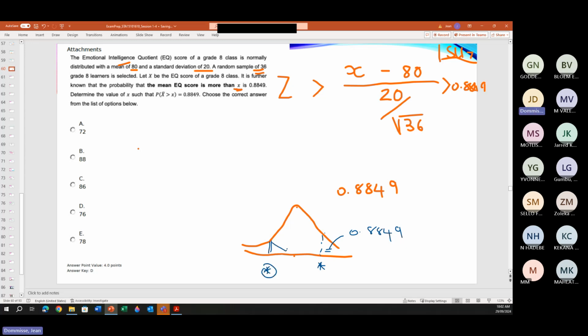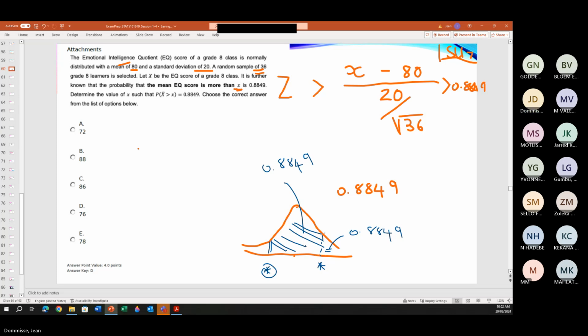where this area then will be equal to 0,8849. Okay, so again, important why I like to draw this from the beginning is I wanted now to say I need to get that area, but that's not, I need to get bigger than.